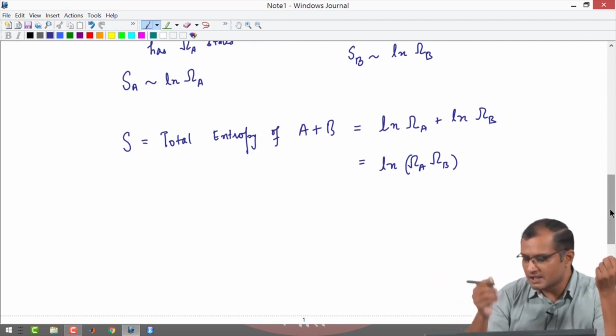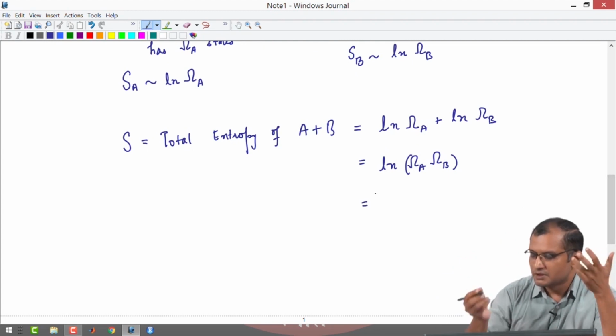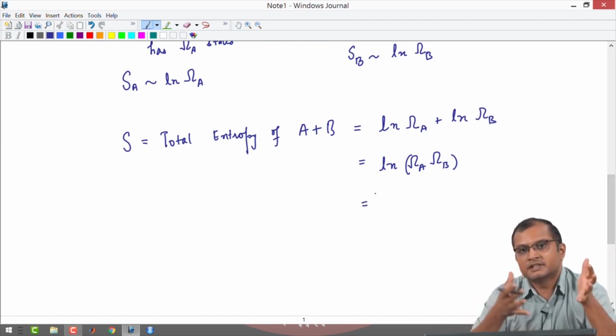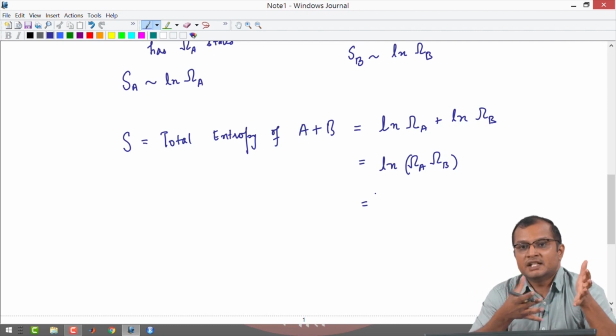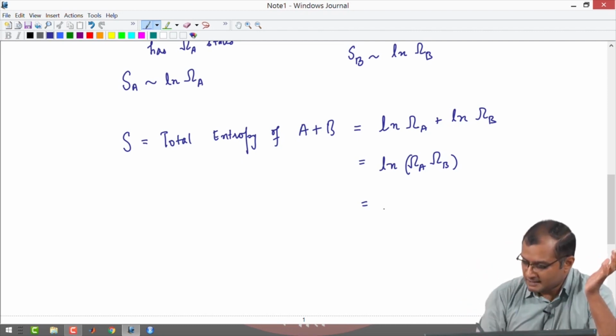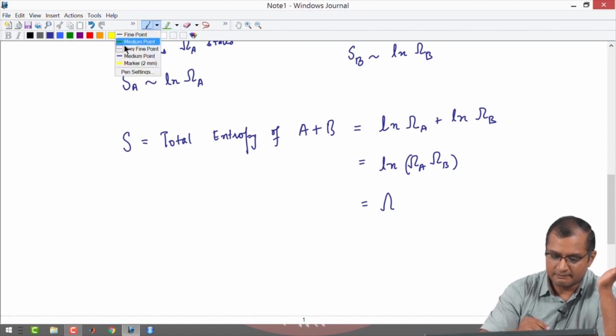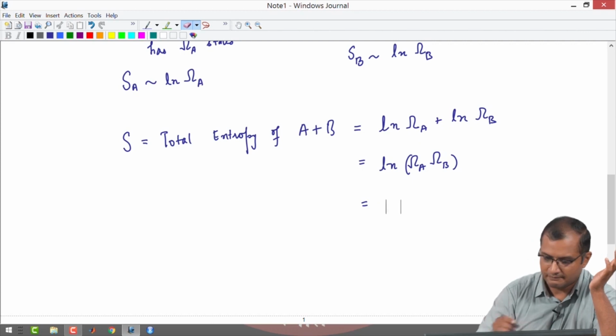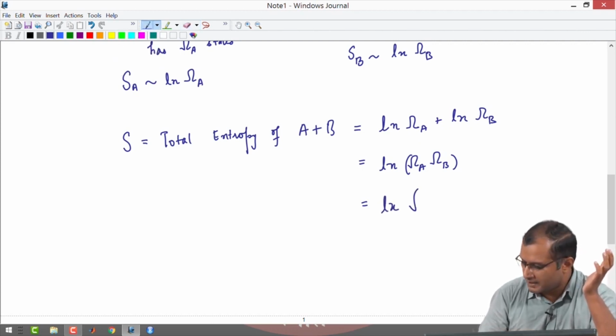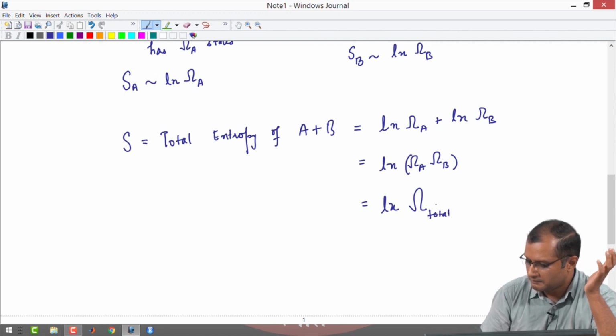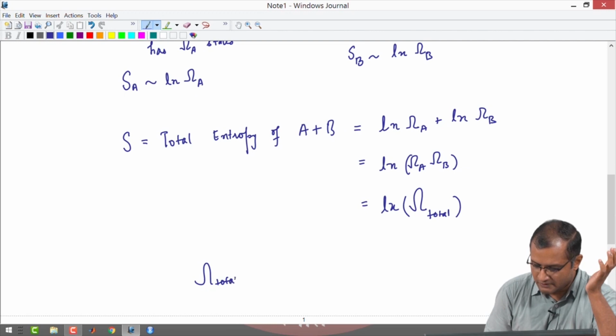What it has given me is a logarithm of a product of the number of states in each of the systems, and this is precisely nothing but ln of omega total, where omega total is the total number of states accessible to the joint system.